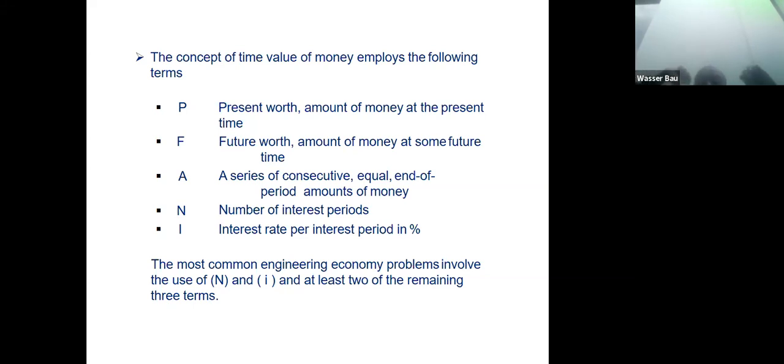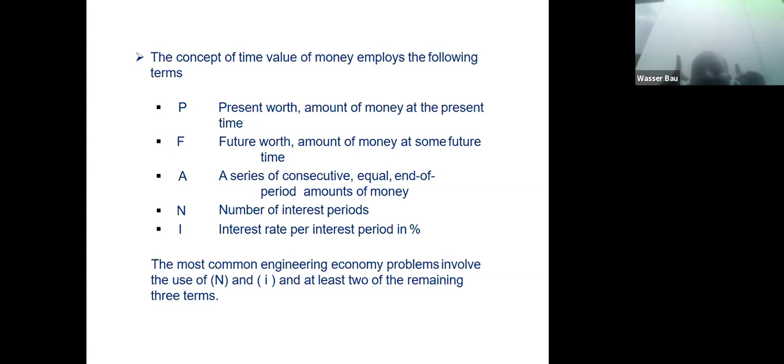The second one is F, the future worth, which is the amount of money at some future time. And the next one is A. The A is a series of consecutive equal end-of-period amounts of money.